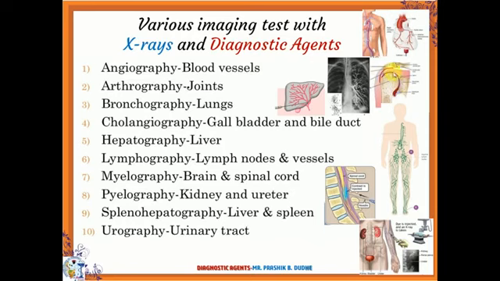Like if this is the image of the shoulder, where the dye or the radio opaque substance is injected and that part is subjected to the X-ray, and from the X-ray we can create an image of the shoulder and see where the abnormalities are present. This arthrography is specifically used in case of joint defects or if the patient has come across any accident where he or she injured his joints.